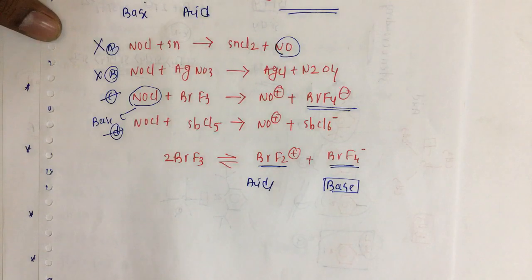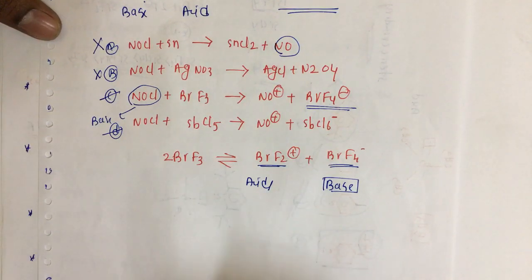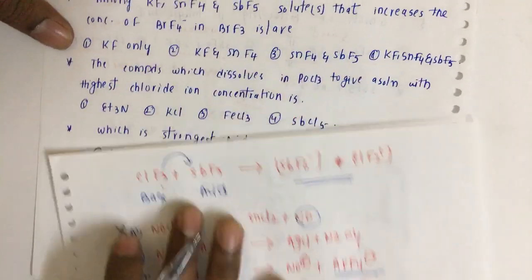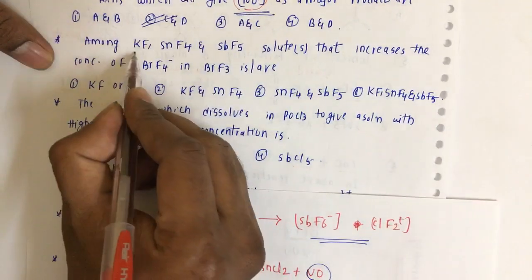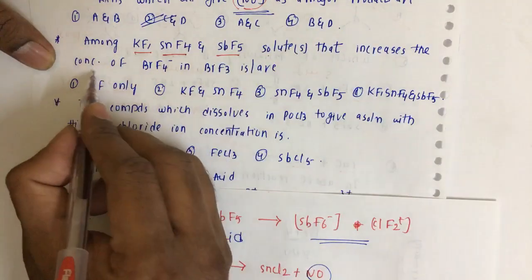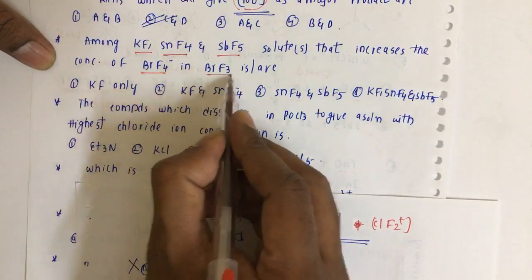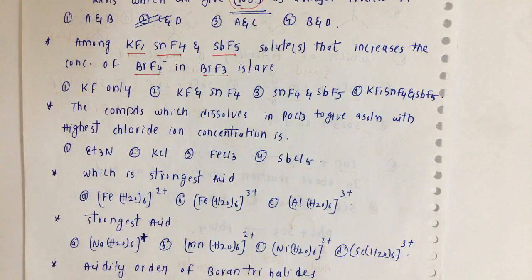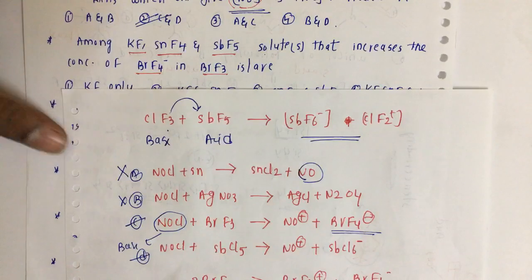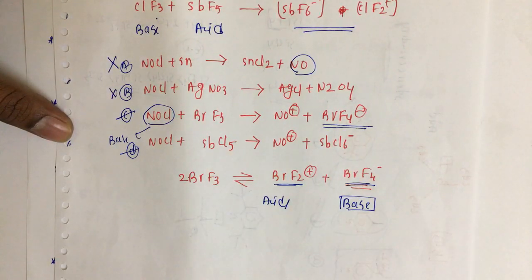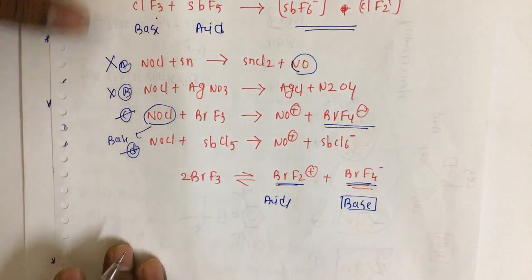Okay, so on this equation one more question is there. Here the question is: among KF, SnF4 and SbF5, which solute increases the concentration of BrF4 minus in a BrF3 solution? So this is the question which I have discussed just now. Here the compounds which produce BrF4 minus, we call them bases, and those which produce BrF2 plus, we call them acids.